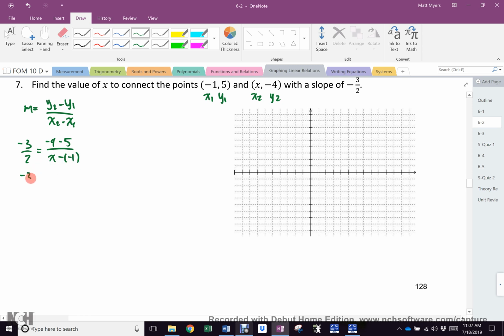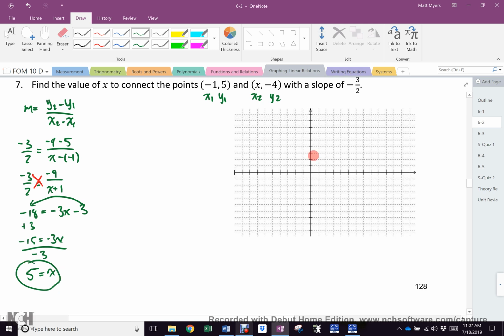Then I rewrite it so it's pretty. -4 minus 5 is -9 over x plus 1. Then I cross. -2 times -9 is -18 equals -3x minus 3. Bring that over. Plus 3, -15 equals -3x. Divide by -3: x equals 5.